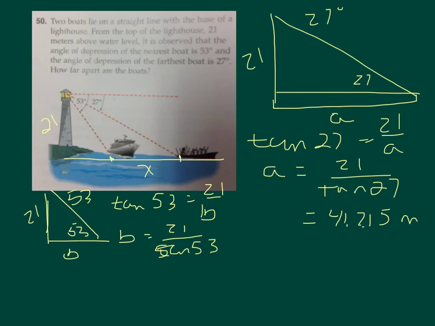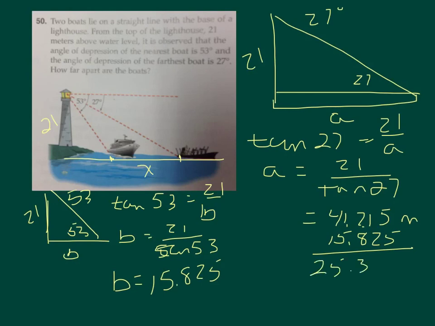My calculator tells me that B is equal to 15.825. If I subtract B from A, so 41.215 minus 15.825, it gives me the distance I'm looking for, which is 25.39 meters.